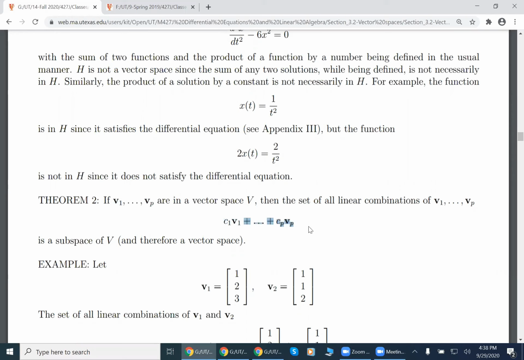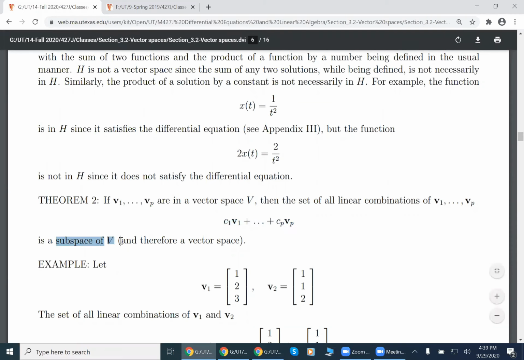There is nothing over here. So if we start with only one vector, we come up again with infinitely many linear combinations. These are all multiples of this vector. Repeat once again. Theorem 2 says that if we start with a finite number of vectors from a vector space V, the set of all their linear combinations is a subspace of V and therefore a vector space.